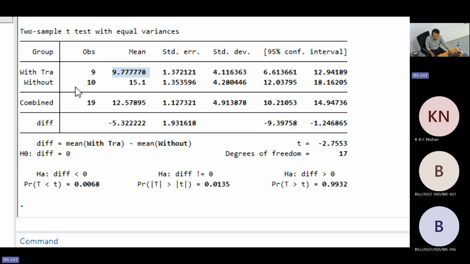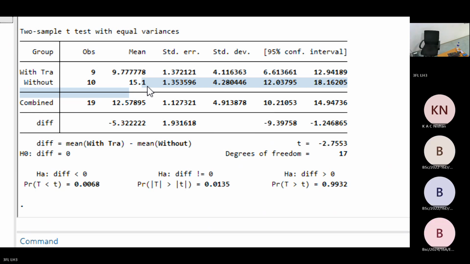Then on the other hand, without training, there are 10 employees, and it was 15.1. Can you see? Errors with training is 9.77 and without training is 15.1. Apparently there's a difference, isn't it?